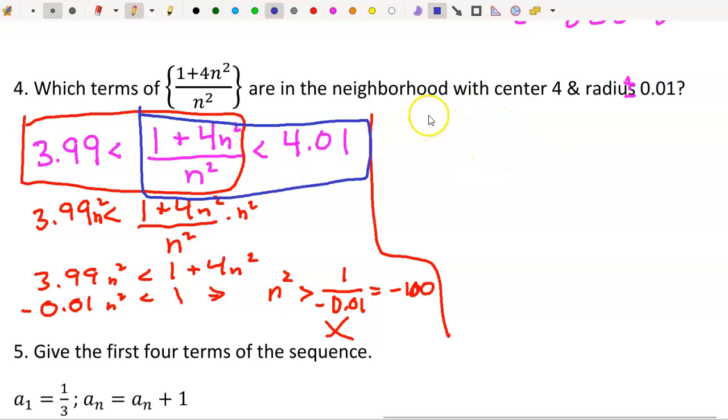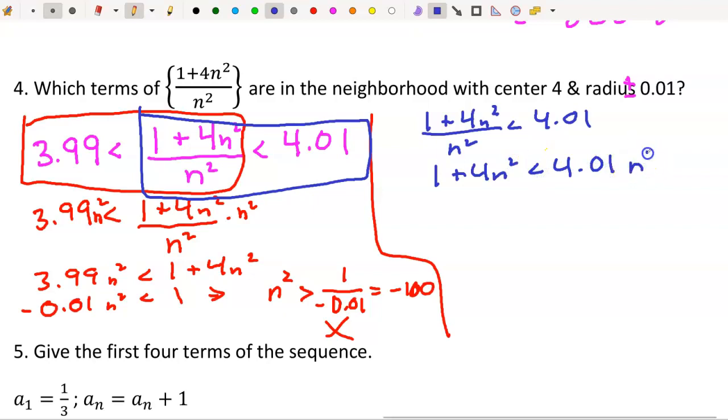So we've got the same steps, more or less. So I multiply by n squared. So I got 1 plus 4n squared minus 4.01 n squared. Subtract 4n squared on both sides. So now I'll have, once again, 0.01 n squared.